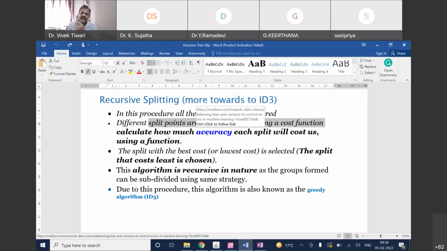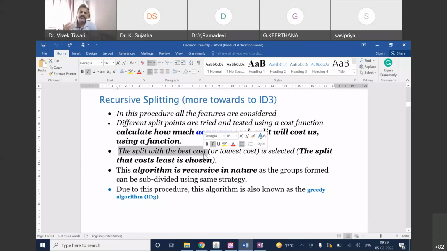That cost function calculates how much cost that split carries. A lot of splitting criteria you have, a lot of possible split nodes; you apply each and every possible splitting node and calculate the cost function. Now the cost function will help us decide which node to select. So the third point is that the split with the best cost is selected: if it's accuracy, the highest; if it's an error cost function, the lowest.